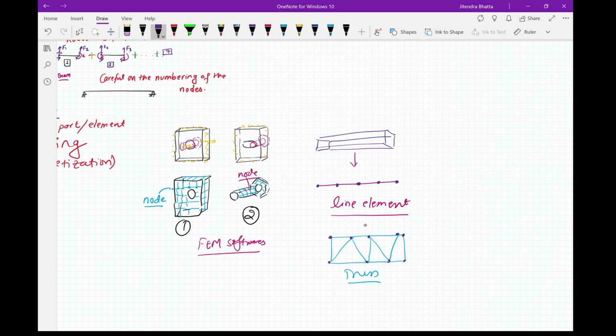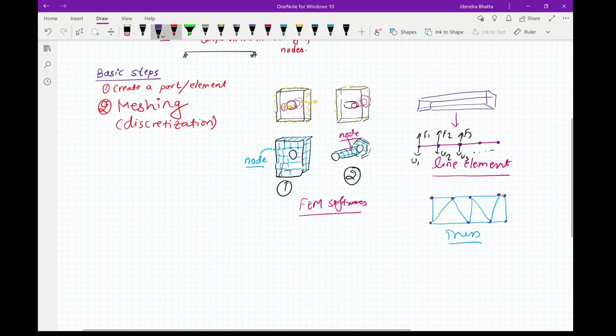So each of these truss members will be one single element, and then you can solve for your nodes. So you can solve your displacement and force at each of these points, and so on.